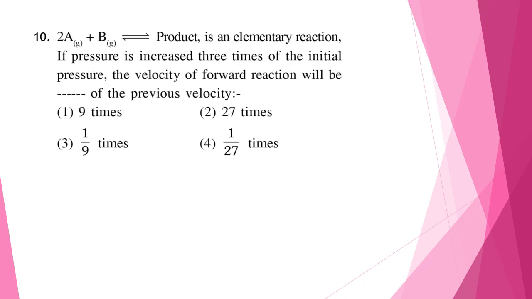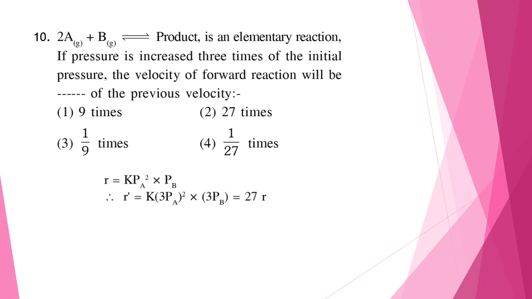Question 10. 2A plus B gives product is an elementary reaction. If pressure is increased 3 times the initial pressure, the velocity of forward reaction will be dash times the previous velocity. Now we know that R for this case will be K into PA whole square into PB.